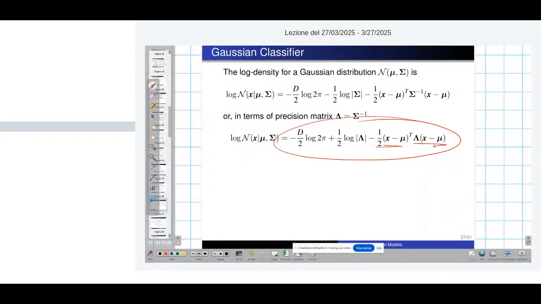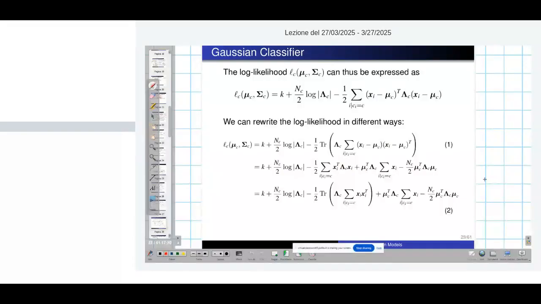It's x transpose something x plus something that depends on x plus some constant. Actually, if we develop this, it will be x transpose lambda x times something that we don't care about, plus something that depends on x, plus some constant. So it will be a quadratic form in x. And this will be useful later, so remember this.